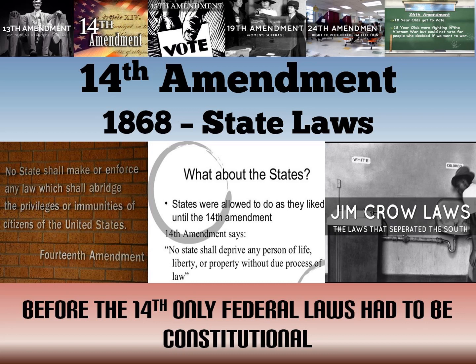So what happens is the 14th Amendment is added because many states, not just the South, many states are going to basically do whatever they want as it relates to denying African Americans their basic rights. So the radical Republicans added this piece to the 14th Amendment because they were aware that there was no constitutional protection for African Americans at this period, and states were doing whatever they want.